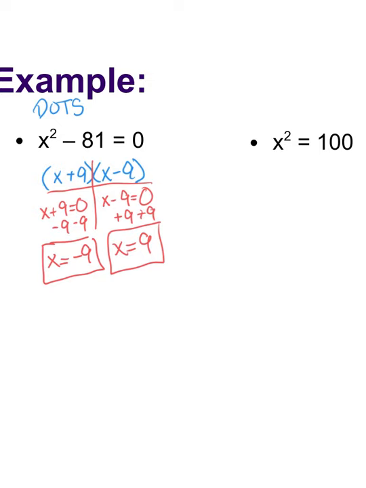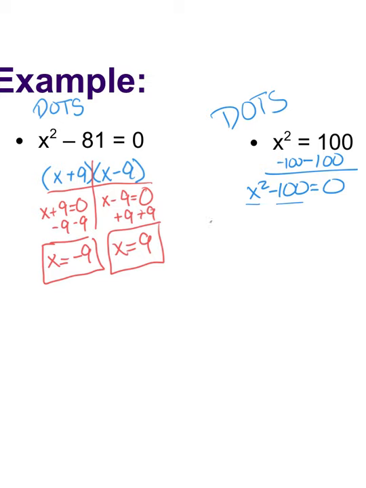If I look at the second one, this is not equal to 0. So the first thing I'm going to do is subtract 100 from each side because I want it equal to 0. Now if I look at this, again, in my mind, I know I can take the square root of x squared. I know I can take the square root of 100. So this is also factoring by the difference of two perfect squares.